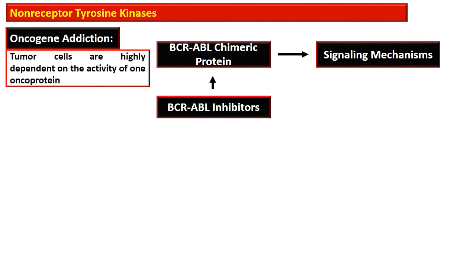So if BCR-ABL inhibitors are administered, that will block the activity of this chimeric protein, and the structure that was standing on this activity by the chimeric protein, that is the signaling mechanism, collapses completely. So it will stop the further tyrosine kinase activity and cellular proliferation and other activities.